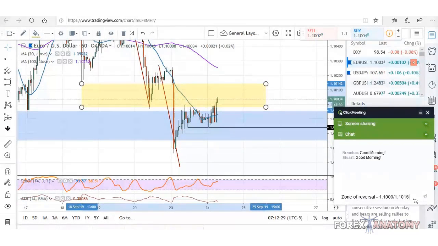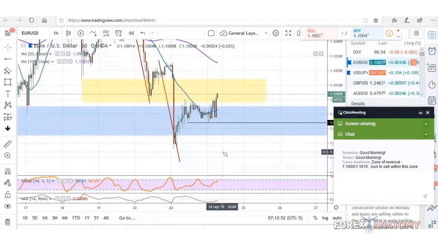So let me just put that, look to sell within this zone. All right, so then yeah, we're going to look for an opportunity to sell.